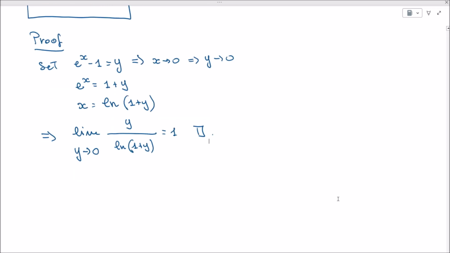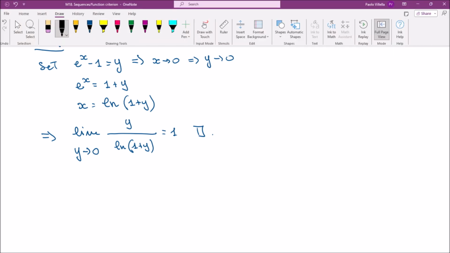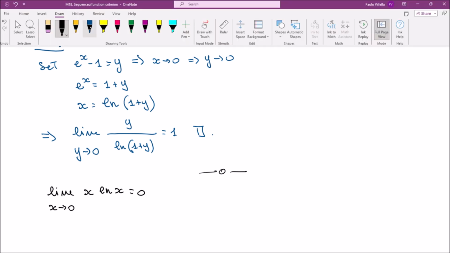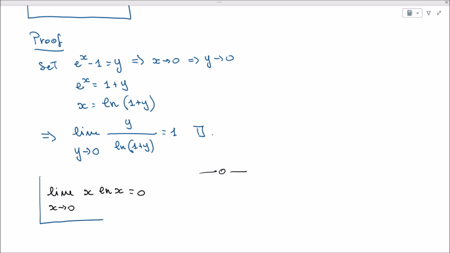Another limit that we had in the list of fundamental limits was the limit as x goes to 0 of x times logarithm of x. And we want to prove that this limit is equal to 0. Okay? Now you see that in this case the indeterminate form that we have is 0 times minus infinity.